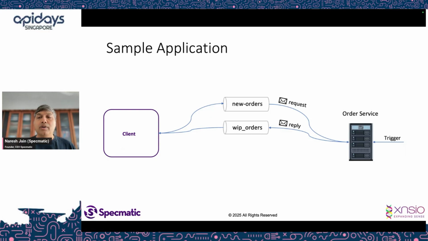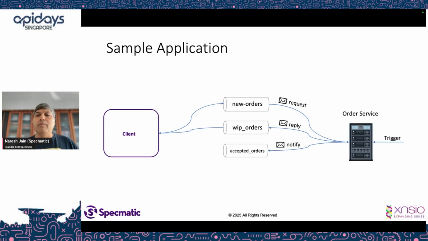I'm calling it generically a trigger, because this could be an HTTP call, an async call, or for example a state change in the database. There are many integration patterns.